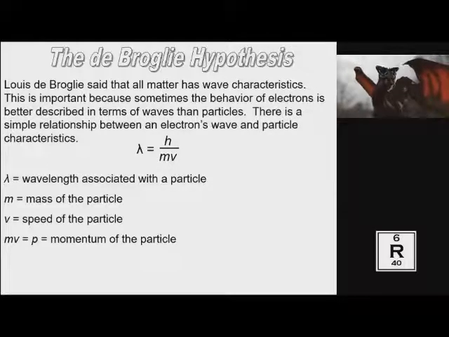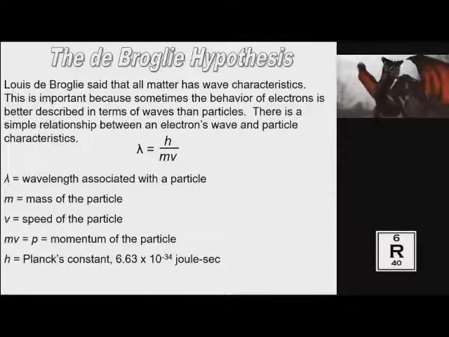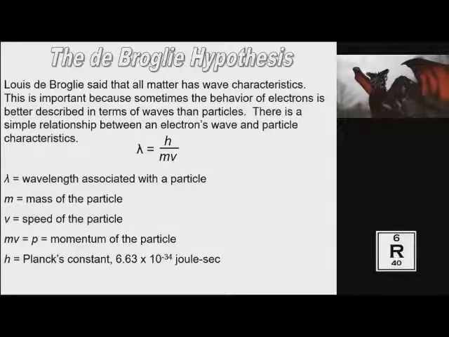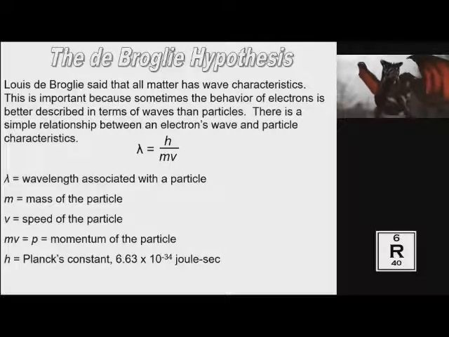So basically your denominator is momentum. h is the Planck constant. Remember Planck, he talked about things being quantized, or electrons being quantized. So our formula here is the wavelength equals Planck's constant divided by the momentum. So if we take the mass and velocity of something, and divide Planck's constant by that, we can get a wavelength.